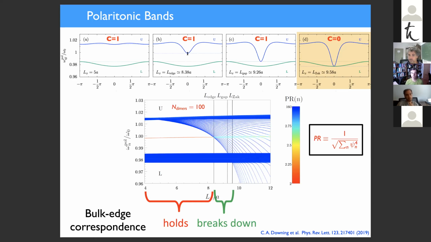It's only a property that if you go to the finite system, something happens. But I could not say there is anything particular at this particular thickness for the waveguide. There is nothing special with respect to something a bit wider or thinner. But in panel C, yes, because the gap closes also in the infinite system. Exactly. In panel C, yes, but that would be this point, and in that condition the edge mode has already disappeared. I see. Okay, thank you very much.